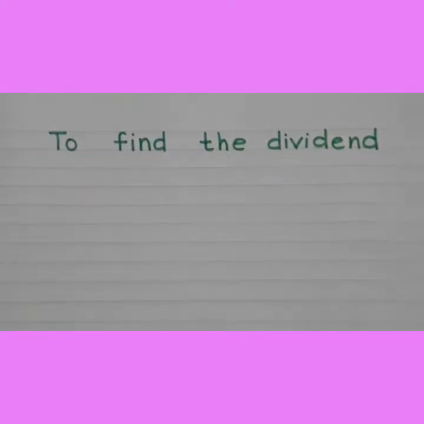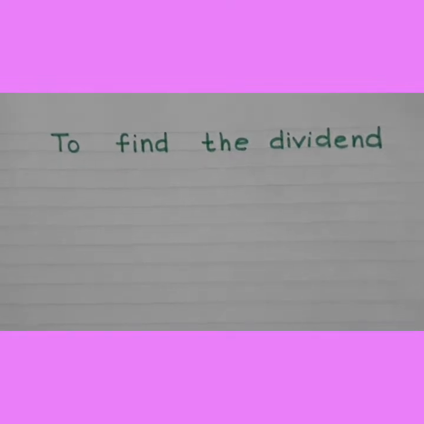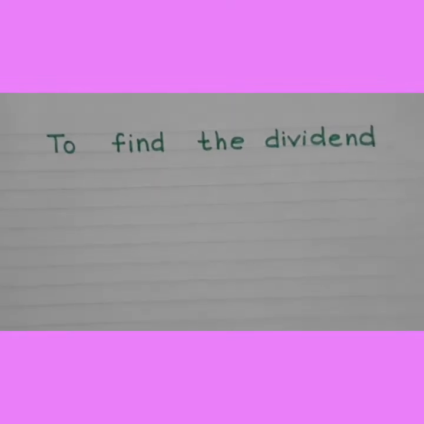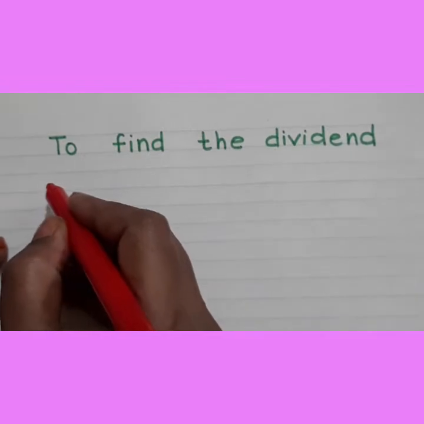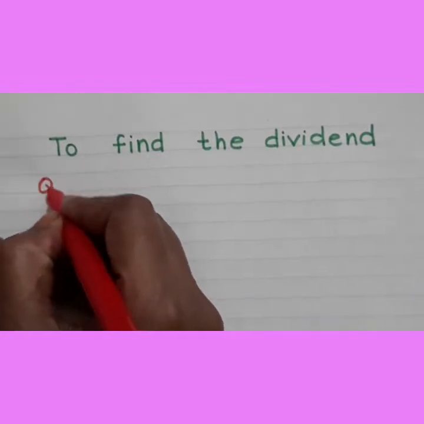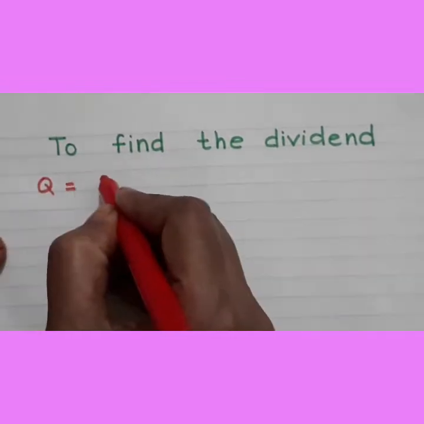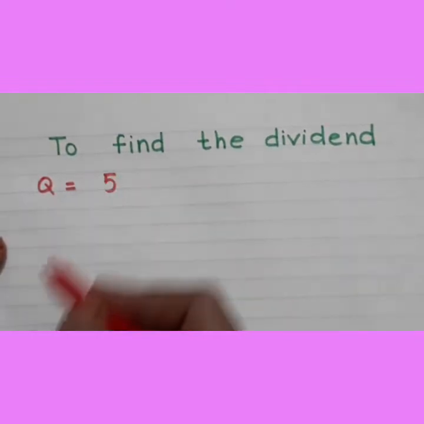Alright, girls. Today we are going to learn how to find the dividend when the quotient and the remainder are given to us. I'll be taking a small number first so that it's easy for you to understand. Suppose the quotient given to me is 5.